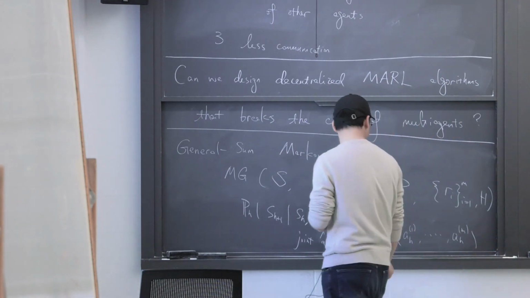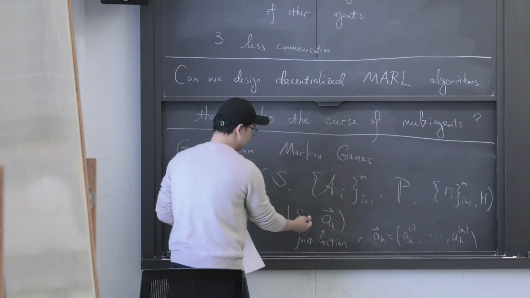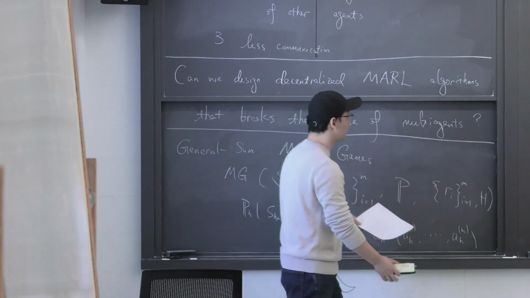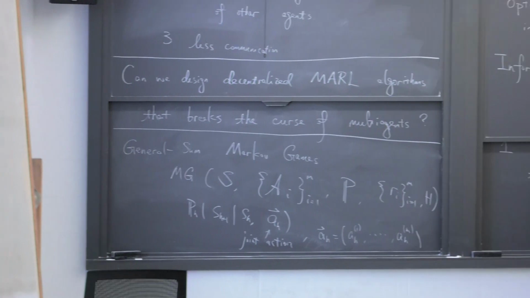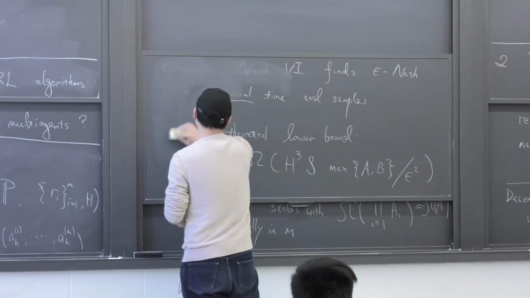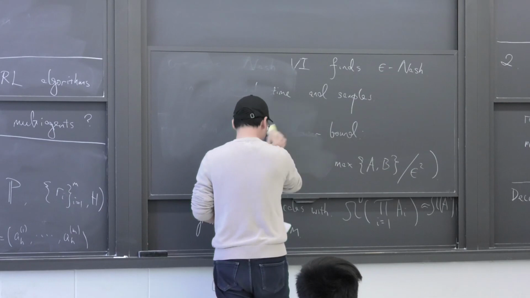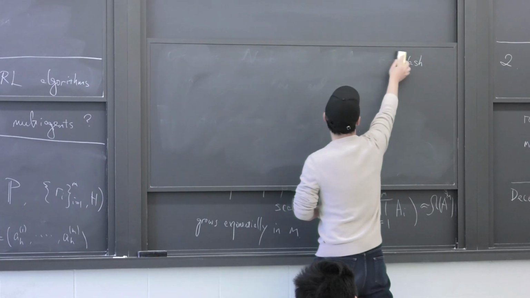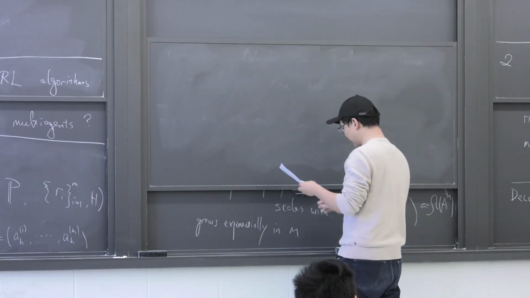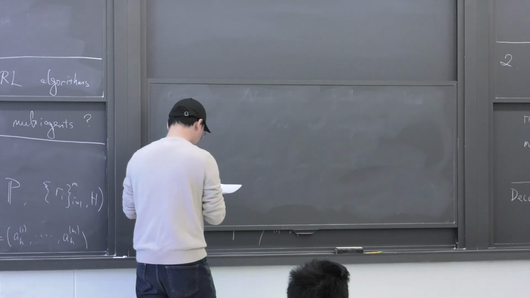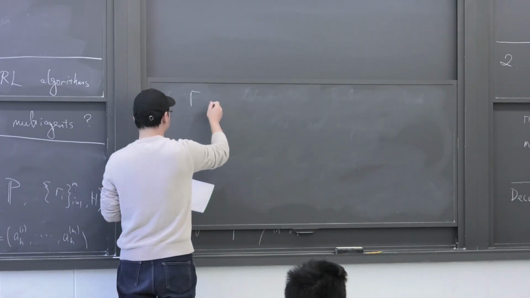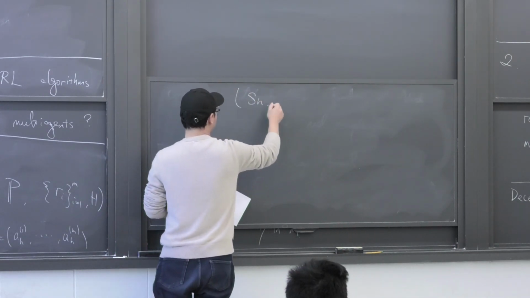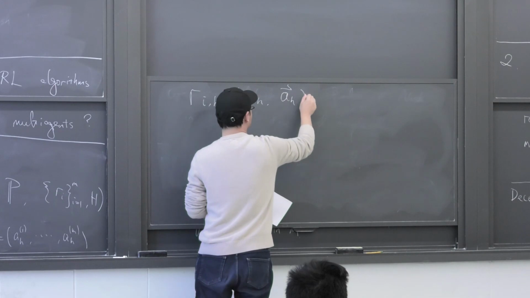So we just have the actions of all the players combined together, and we denote it with this vector notation.